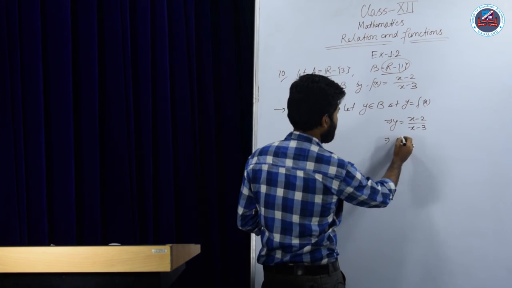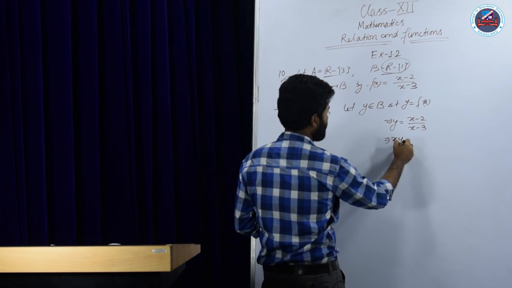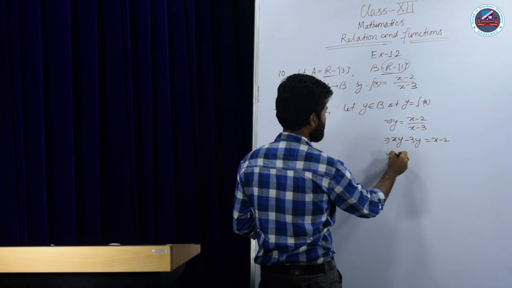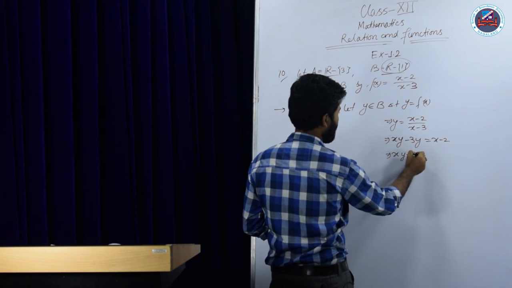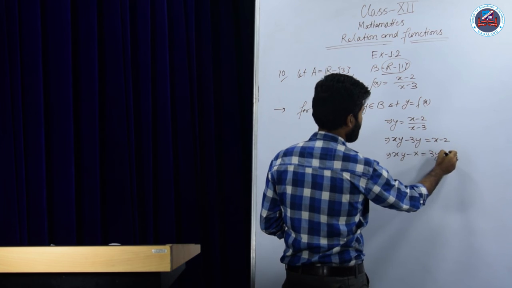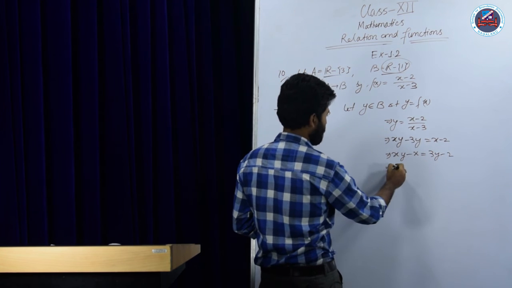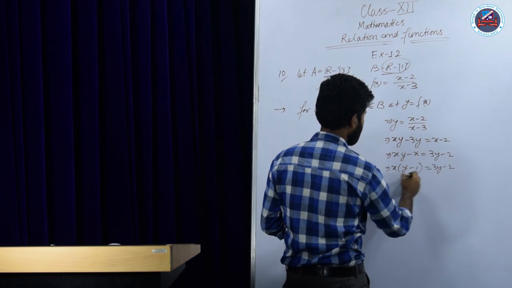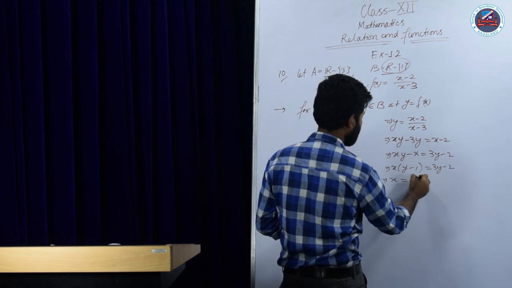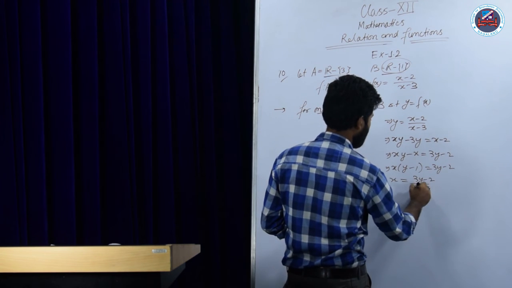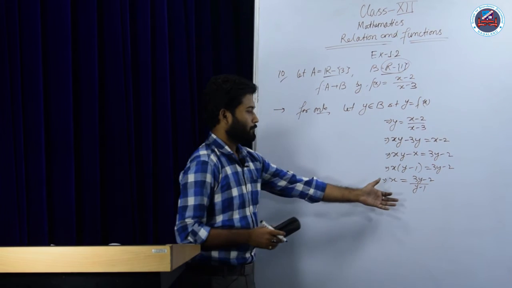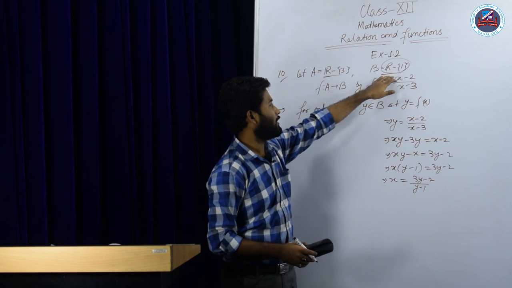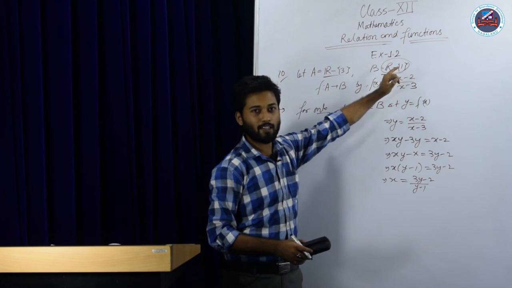Let us see. Here if I cross multiply, it will be xy minus 3y equal to x minus 2, and this gives us xy minus x is equal to 3y minus 2. From here I can take x common, x times y minus 1 is equal to 3y minus 2, and hence we get x equal to 3y minus 2 by y minus 1. Now, we see that the codomain has been defined as R minus {1}.